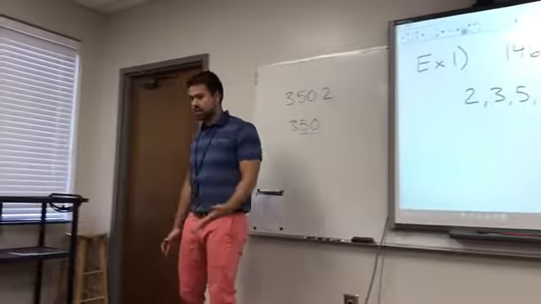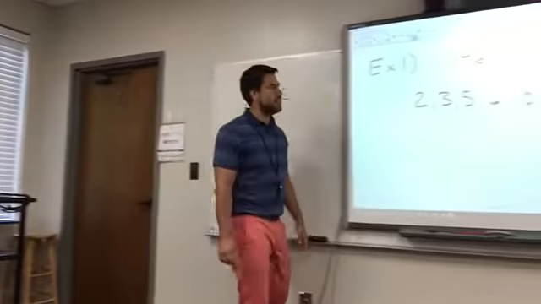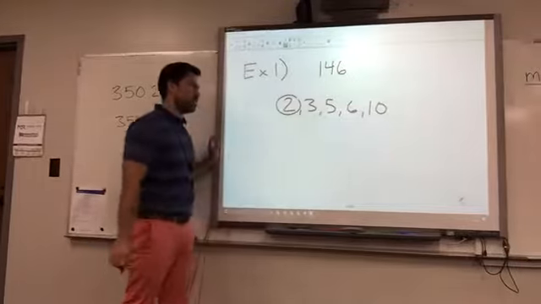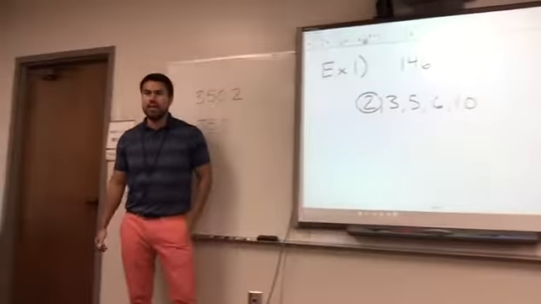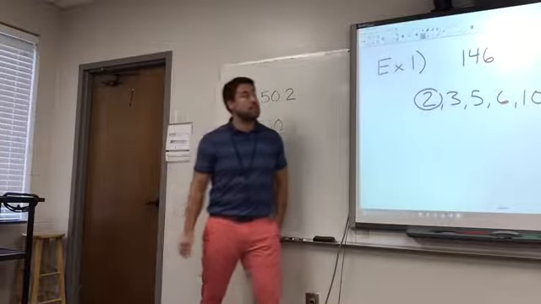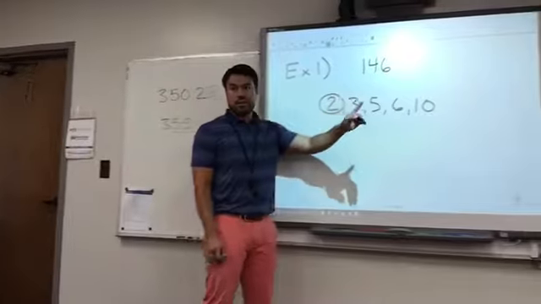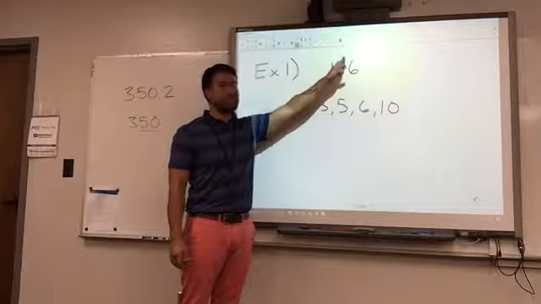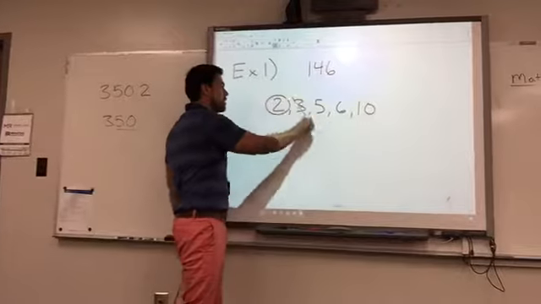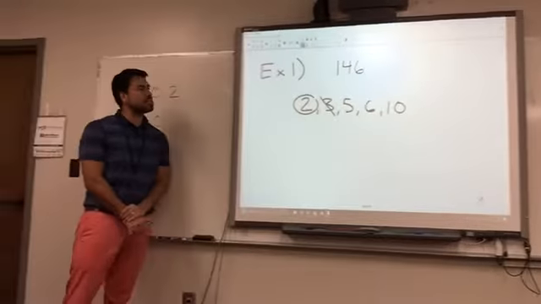Yes. Yes, why? Because it ends in... Okay, the last digit is an even number, or is divisible by 2, so that's good. 3, no. Ma'am? No, because 1 plus 4 plus 6, what's 1 plus 4 plus 6? 11, is that divisible by 3? No, so that number is not divisible by 3.